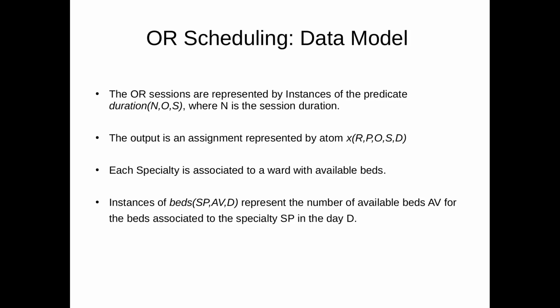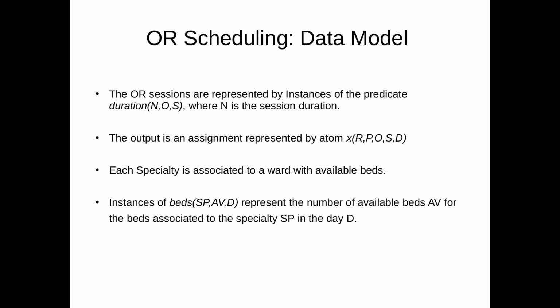So as I said, every specialty is associated to a ward. Each specialty has a ward, and every specialty has a number, like 1, 2, 3, 4, 5. So for every specialty there is a particular ward, and inside those wards, please remember, they have available beds.